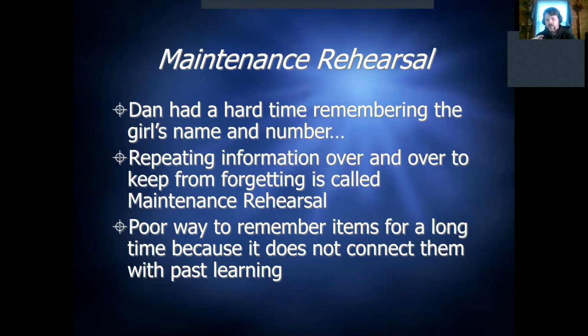In the textbook, there's a little story there about Dan. He gets a girl's name and number because he wants to call her, and then other people ask him questions, and before he can write it down, he's forgotten it, because he repeated it, but he couldn't remember it because of interference.